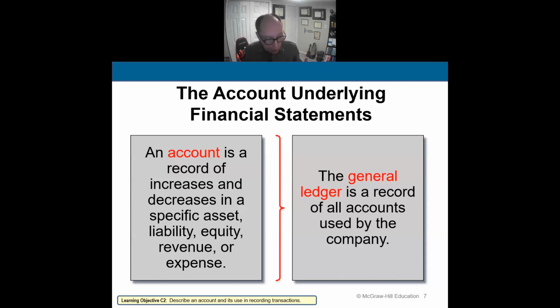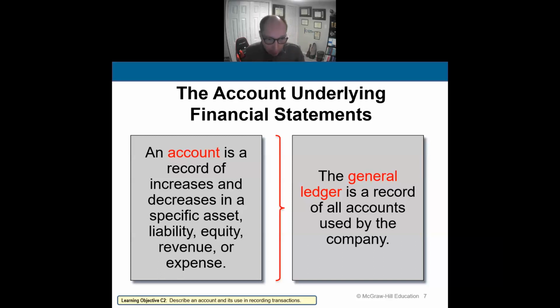Liability accounts are accounts payable, wages payable, taxes payable, short-term liabilities like short-term loans, the current portion of long-term debt such as a mortgage, student loans. These are all liability accounts. Remember, it's anything that the company owes to someone else. That is a liability.